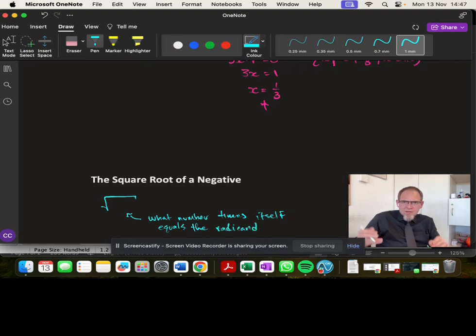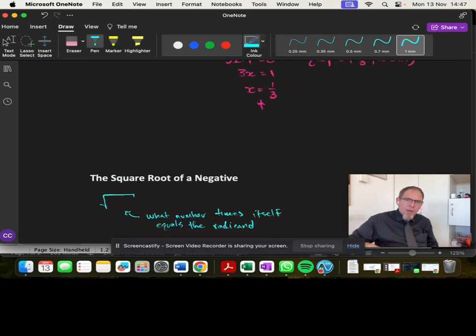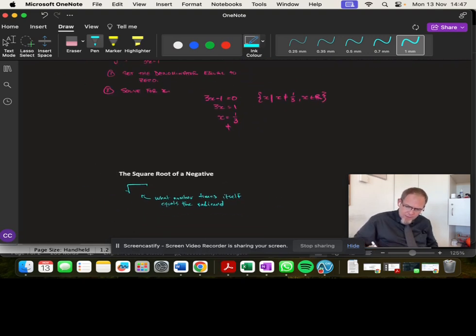And the radicand is, again, just the value underneath the radix. Well, there is no way of multiplying a number by itself and getting less than 0. That's just not possible. If I square a number, it will always be positive.